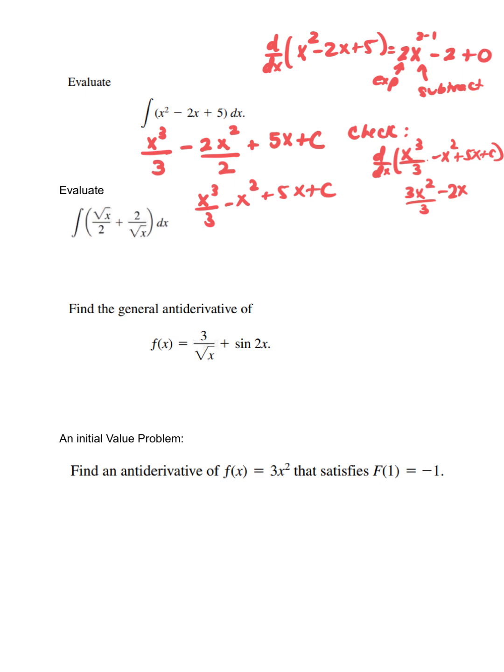The 2 would go to the front, and I would subtract 1 from the exponent. The derivative of 5x is 5, and the derivative of c is 0. So I can see, indeed, I do get the same answer back. So my check proved that I did it correctly.